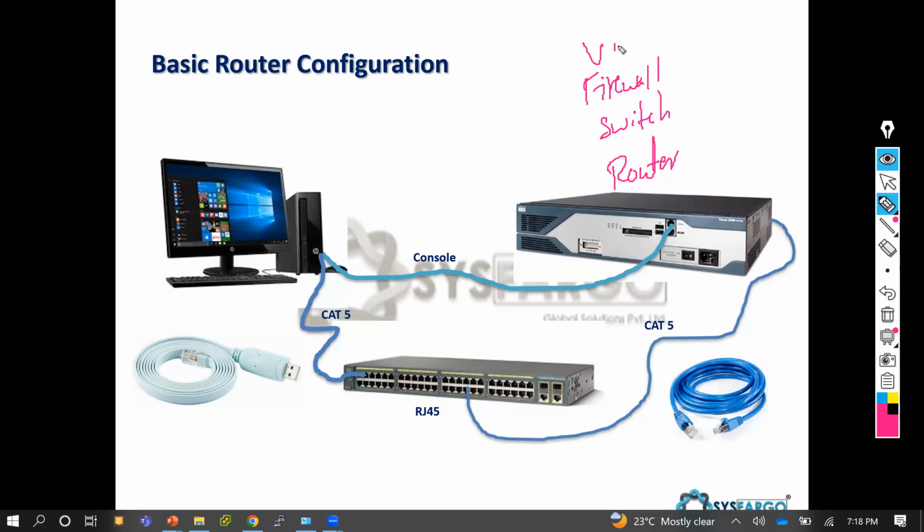VPN or any other device you want to access remotely, yes, by console cable or Telnet or SSH, if you have enabled it, you can access it. But on the computer or laptop you are accessing from, a terminal program has to be installed. It's called a terminal program, which has to be installed.